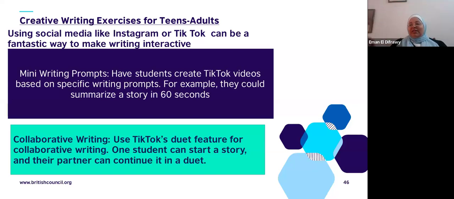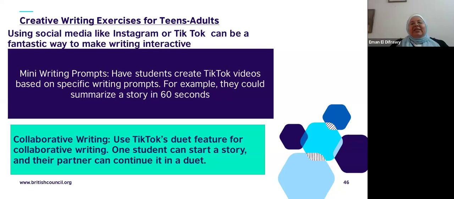So one student can start with the first part of the story. We all have this. We see it with friends saying parts of a story or a script that they already know. So one student can start a story and then their partner can continue.